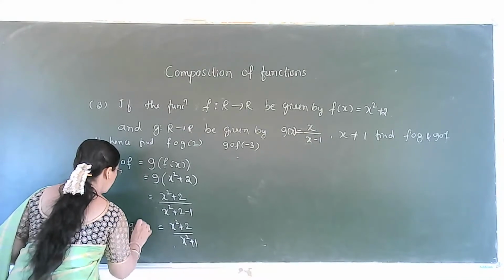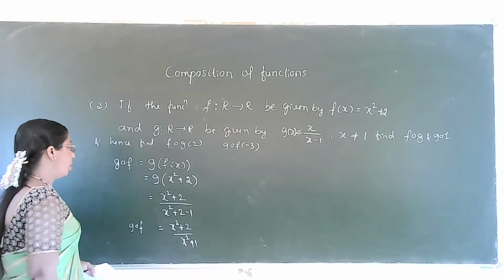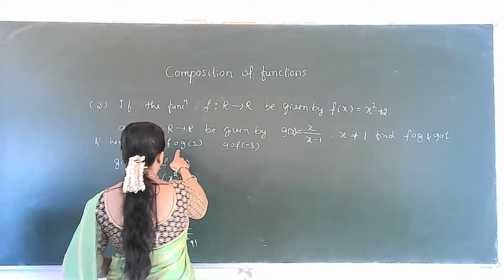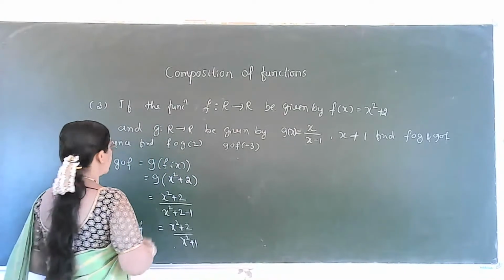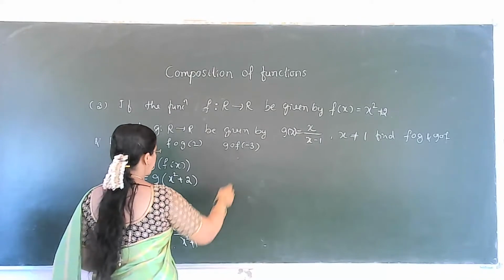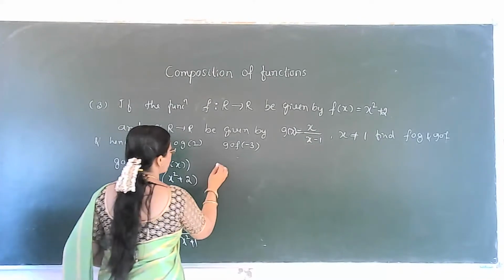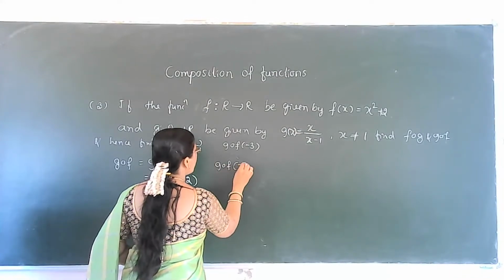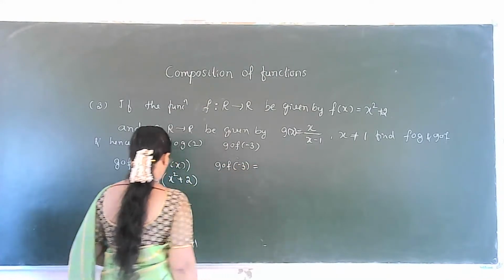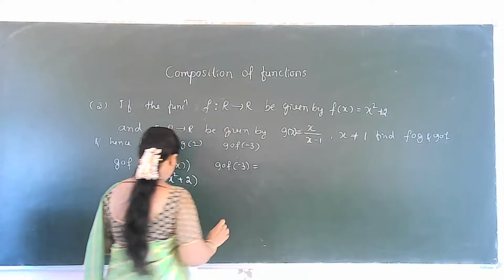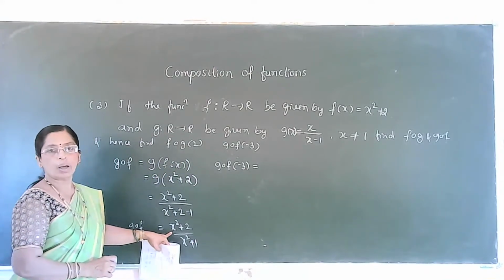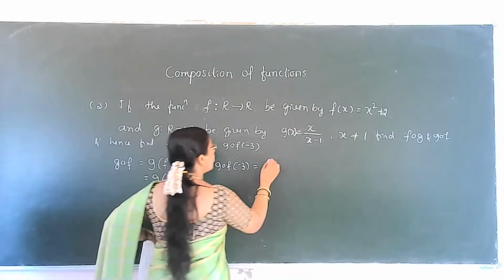Here it is g naught f, g of f. Then find the value of g naught f of minus 3. We find the value of this also. G naught f of minus 3, substitute minus 3 in place of x.